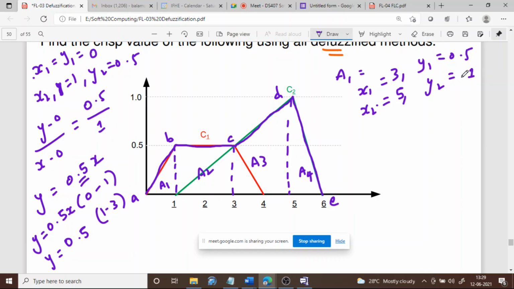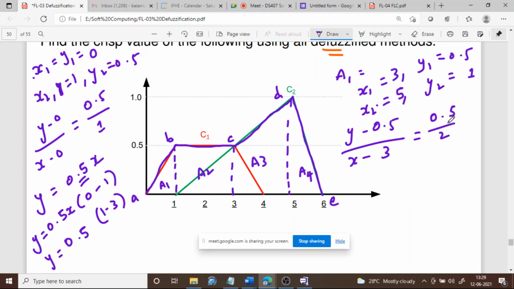Now plug into this formula: y minus y1, so it is y minus 0.5, divided by x minus x1, that is 3, equal to y2 minus y1, 1 minus 0.5 is 0.5, divided by x2 minus x1, 5 minus 3 is 2.